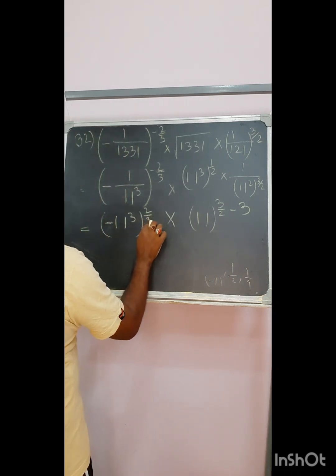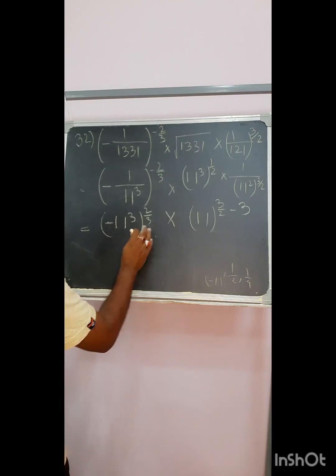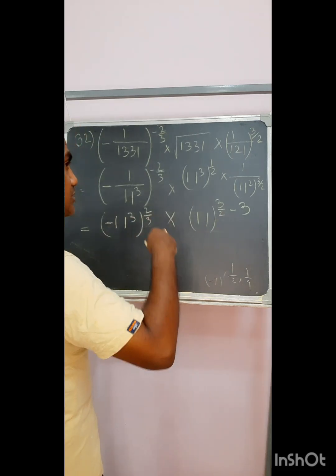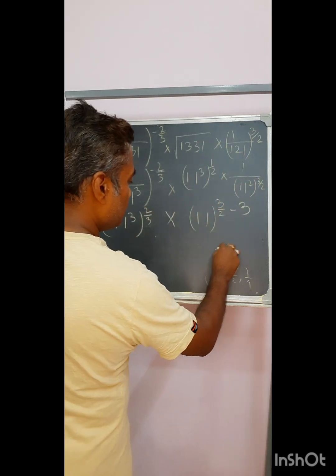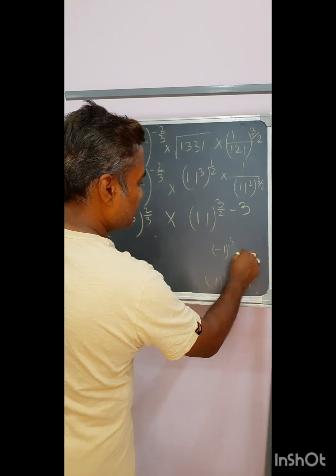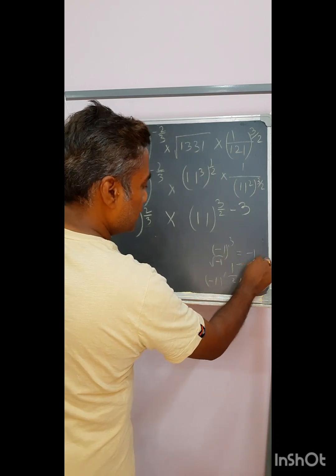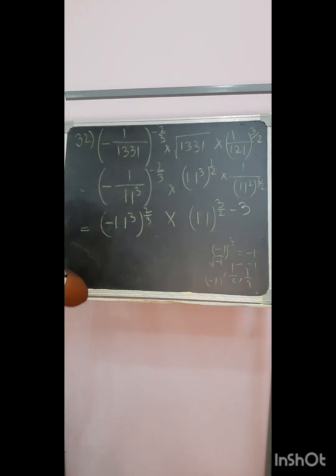Whereas for the odd numbers you can take it out. If you do the cube, as I've shown you, the cube root of minus 1 is minus 1, but this is not minus 1.